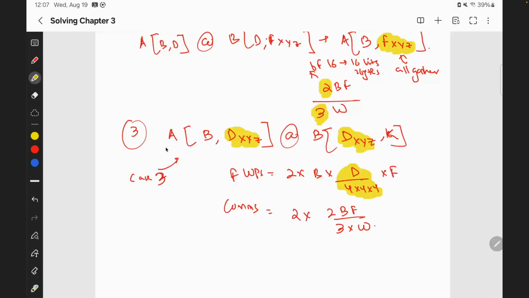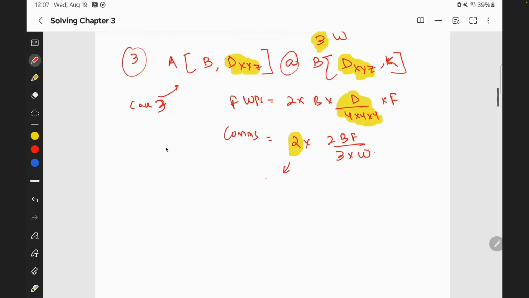This first 2 comes from all reduce being 2 times as expensive as all gather. This other 2 comes from bf16, and this is the total size of the array.